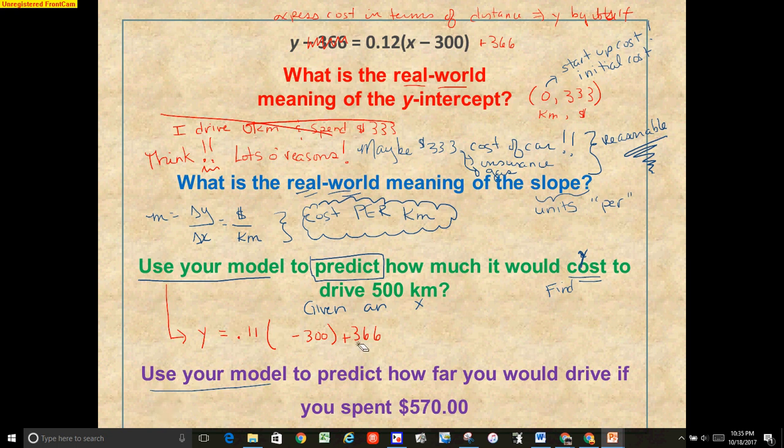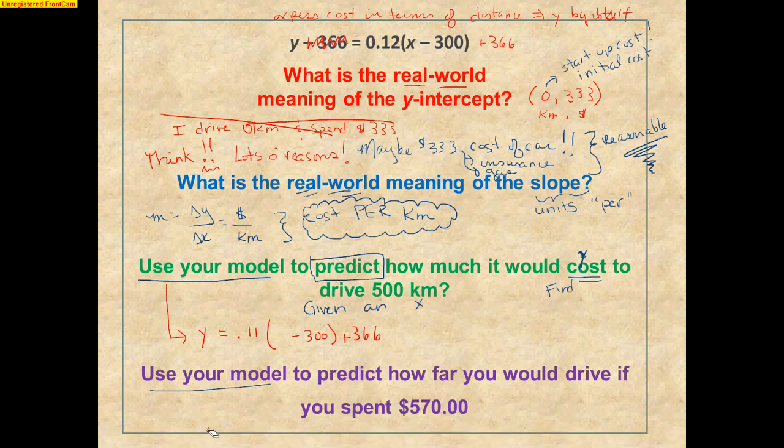Write what? 500. So put 500 here. 500 minus 300 is 200. 200 times 0.11 is 22, and 22 plus 366 is 388. Does that make sense?